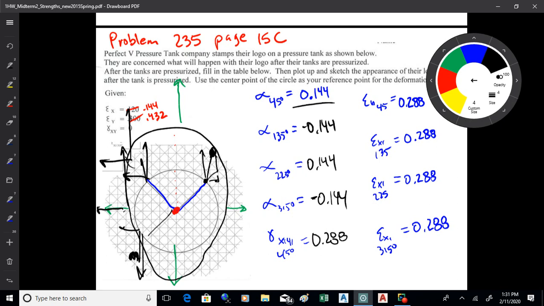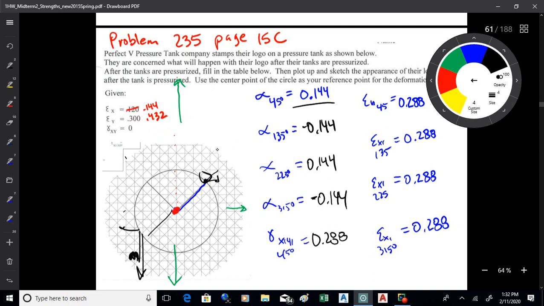Now, if that's the deal here, what happens to that angle at 45 degrees? Going to get smaller. Does that make sense? As both those points pull up more than they pull out, this one's going to go up, that one's going to go up, but they're going to go up more than out. So yeah, it's going to make that angle a little smaller, isn't it? Okay. Y'all good? Okay. All right.